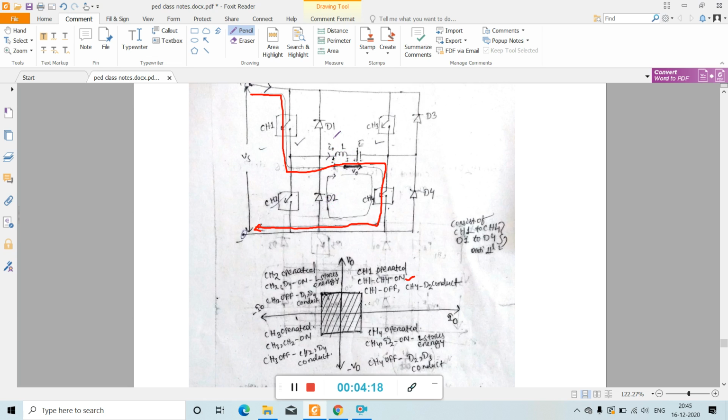Initially in the inductor it is positive and negative, but when current flows through the load, after some time across the inductor the EMF polarities are plus and minus. Due to this, D2 is forward biased, and the current free wheels like this when chopper 1 is off. Okay, and in this manner both V0 and I0 can be controlled in the first quadrant.